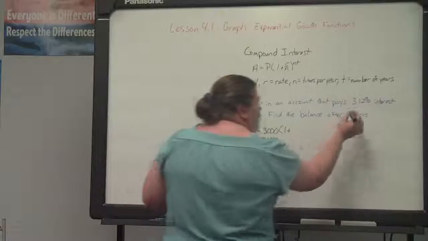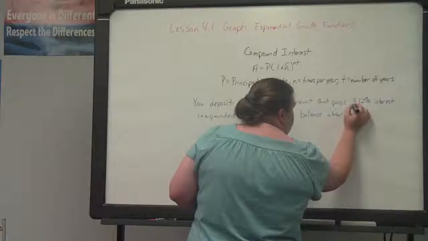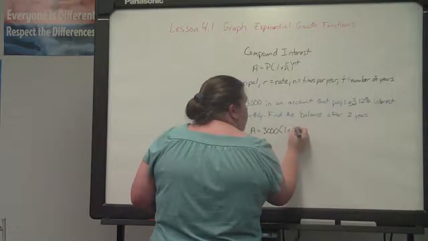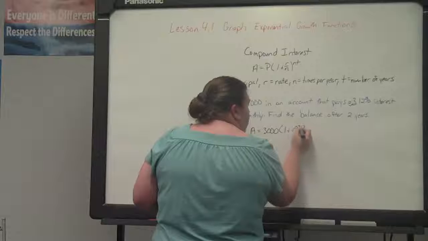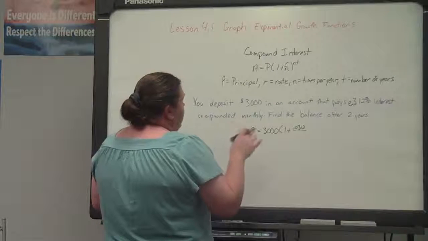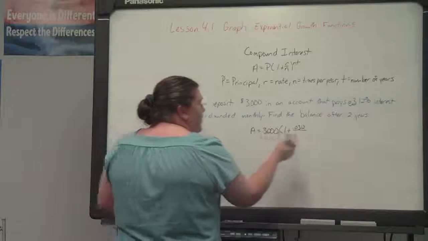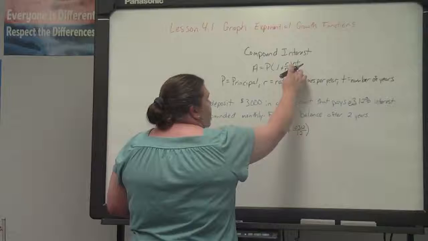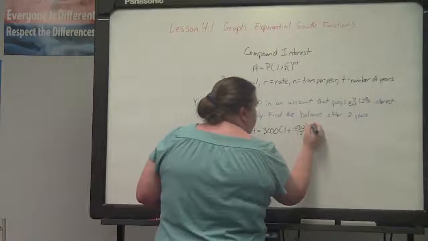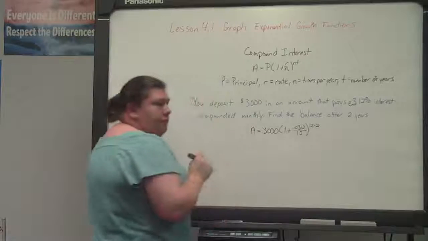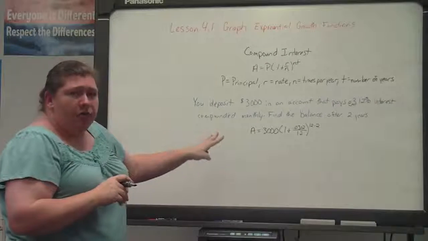You have to move your decimal place 2 times. So I'm going to list it as 0.0312 over how many times a year, which it says monthly, so that's going to be over 12. And then I'm going to use nt, which is monthly times 2. Now I've set it up.